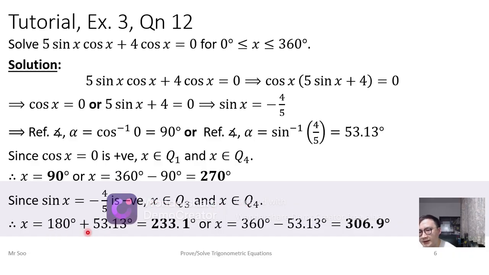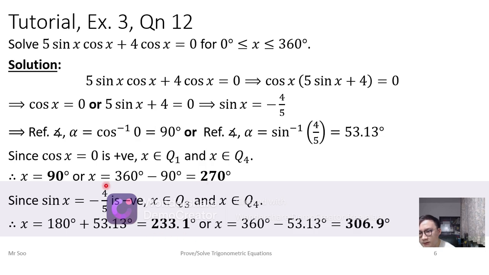For Q3, it will be 180 plus alpha. Here my alpha is 53.13, so you evaluate and get 233.1 degree. For Q4, 360 degree minus alpha, which is 53.13 degree, you get 306.9 degree. So the final answers are the ones in bold.